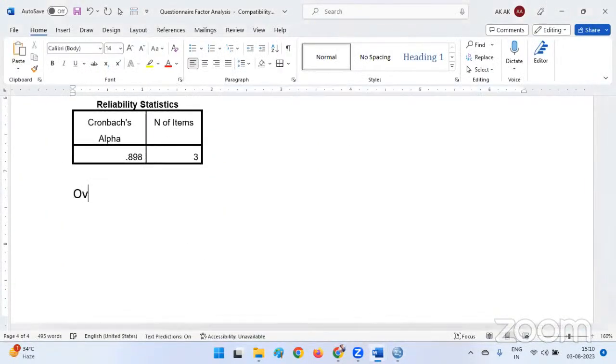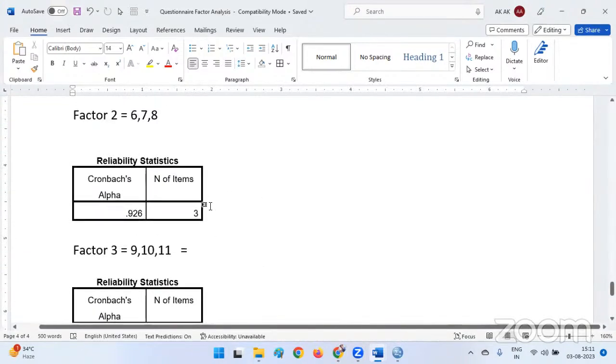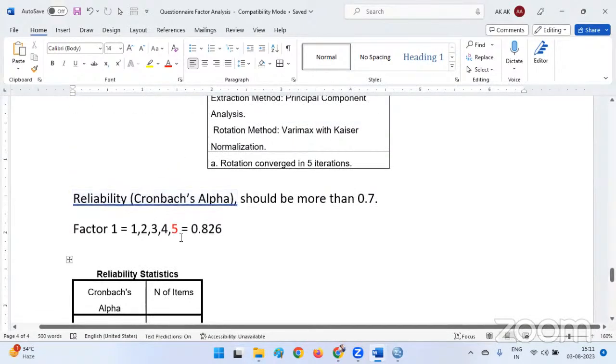Okay. Now, when the overall reliability is 0.880, where is this statement number 5 to be tested?